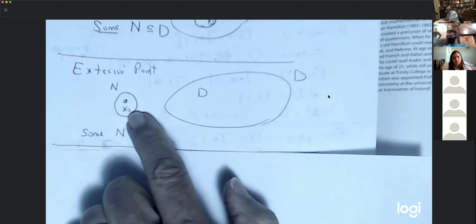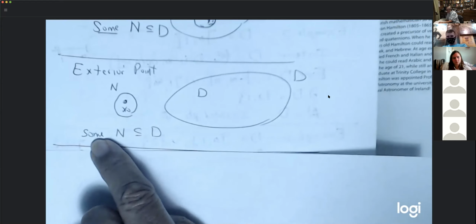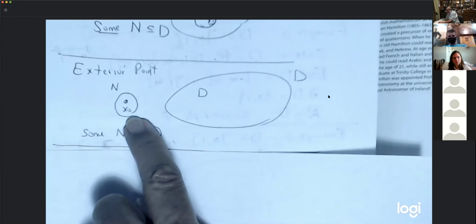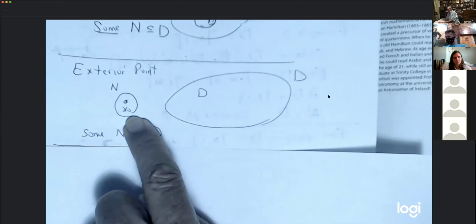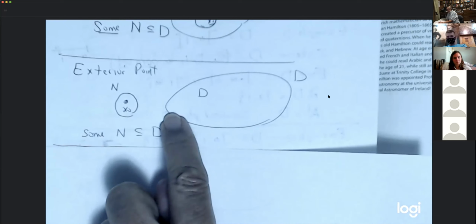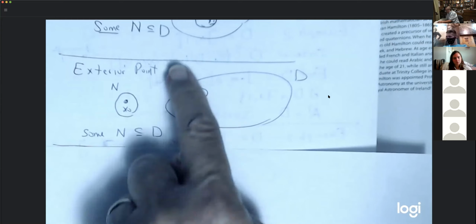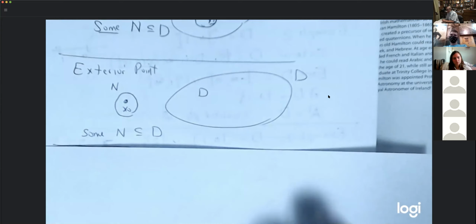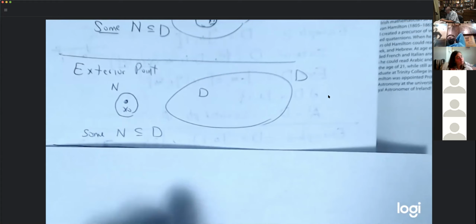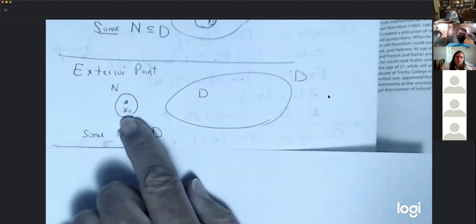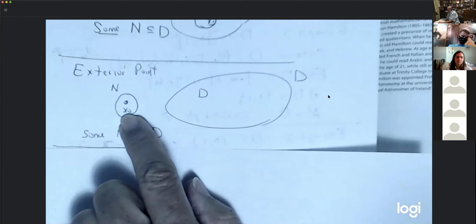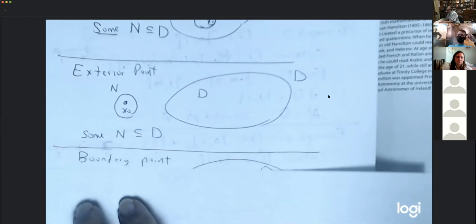I can find some neighborhood, again not every neighborhood, but I can find one that is small enough that it avoids everything in D. So this neighborhood is a subset of the complement of D. The complement of this particular D would be everything outside. And I use the word outside in an intuitive sense. From a mathematical sense, we talk about exterior. We also use exterior in the English sense, but right now this is the mathematical definition.